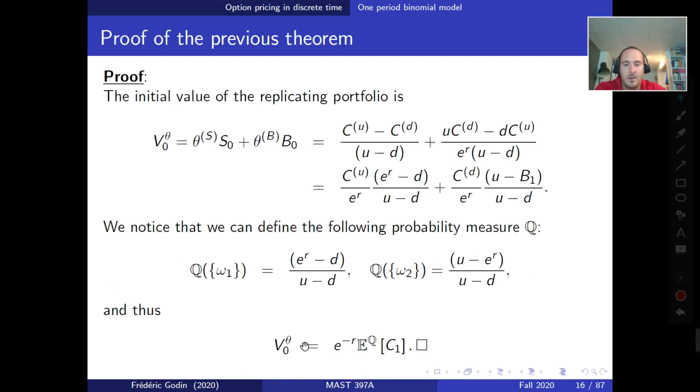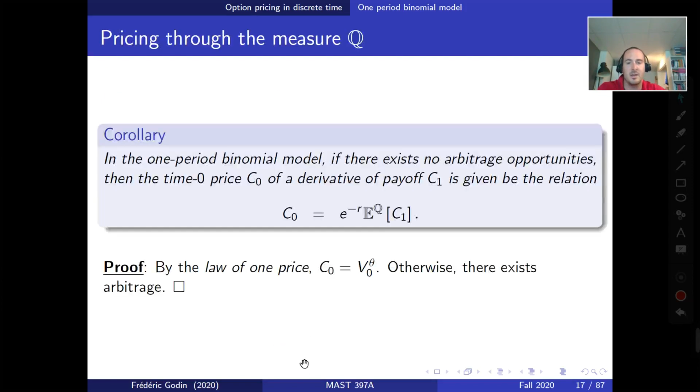So here in that slide, the initial value of the replicating portfolio is the expected discounted payoff of the derivative under Q. But recall we said that because V is a replicating portfolio, this initial portfolio value must be the initial price of the option. So this shows that under this binomial model, the initial price of the option, or any other derivative whose payoff is C1, its price is C0 and is given by the following relationship.